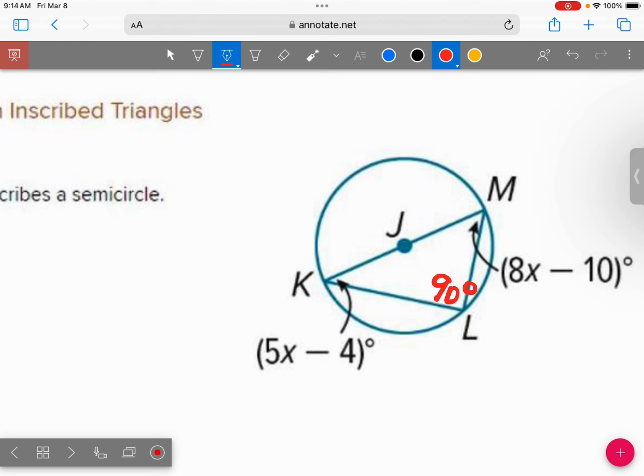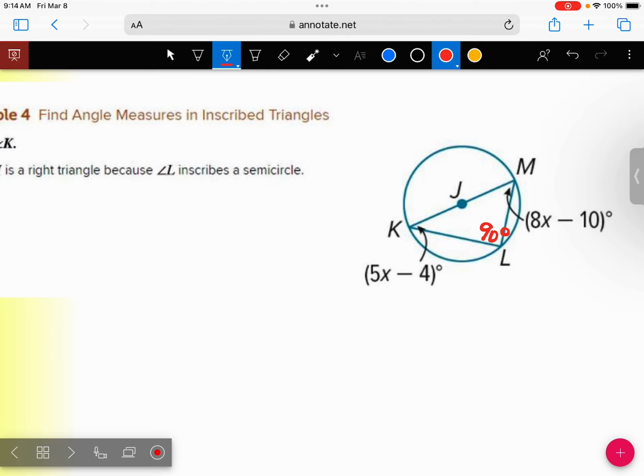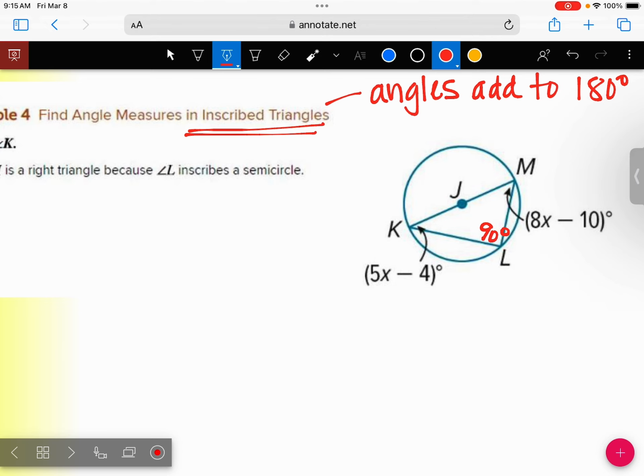Does anyone know what the angles inside of a triangle add up to? Not 90, 180. So when you have an inscribed triangle, can you write in your notes that the angles add up to 180? When we're talking about a triangle, it doesn't matter what kind of triangle it is.